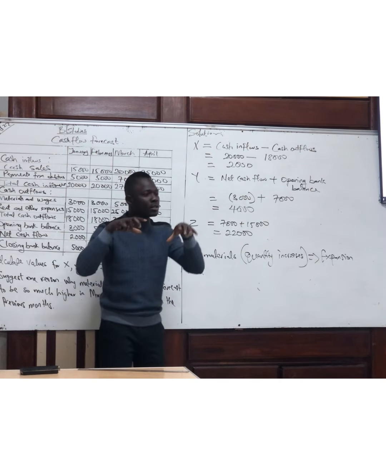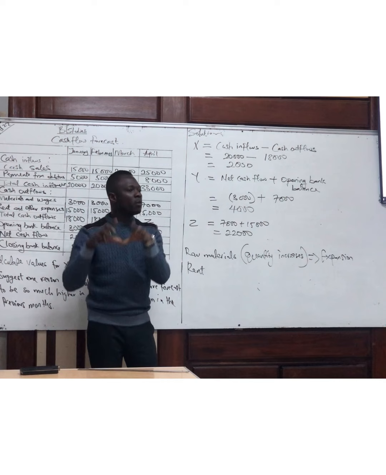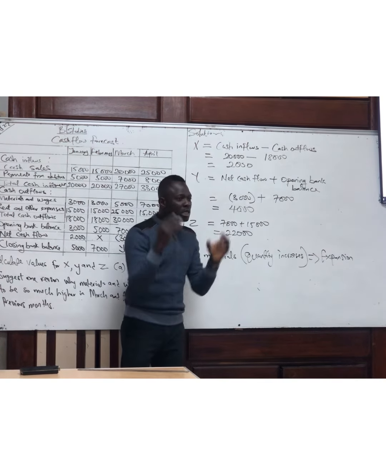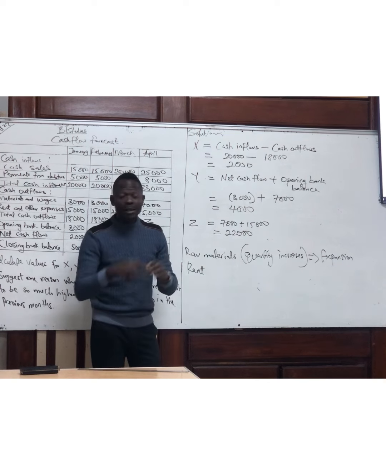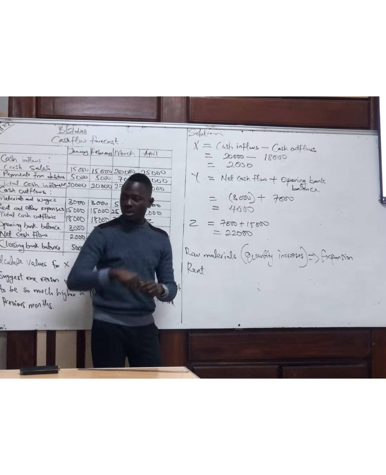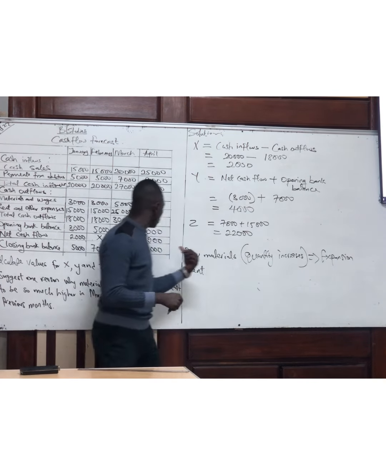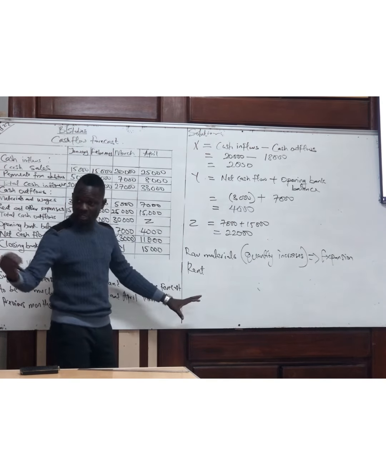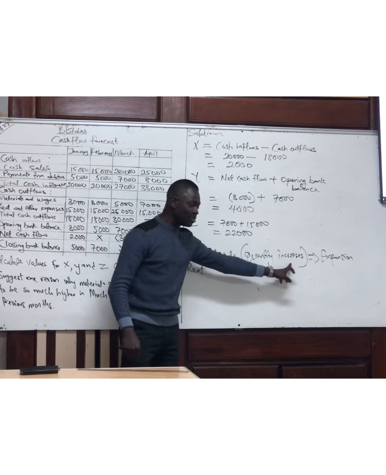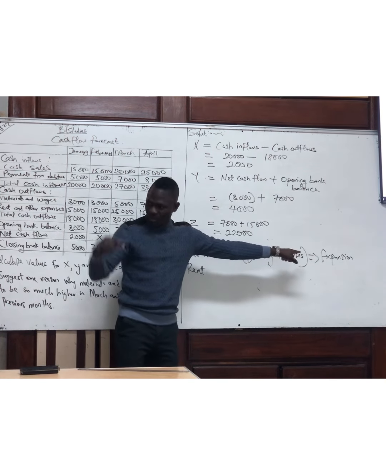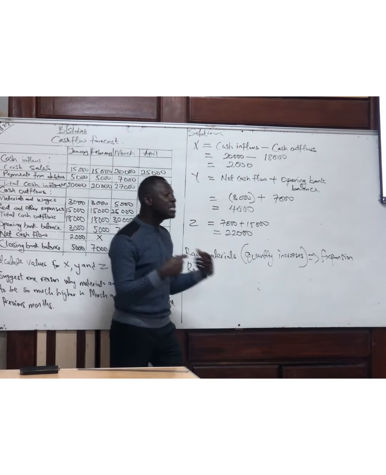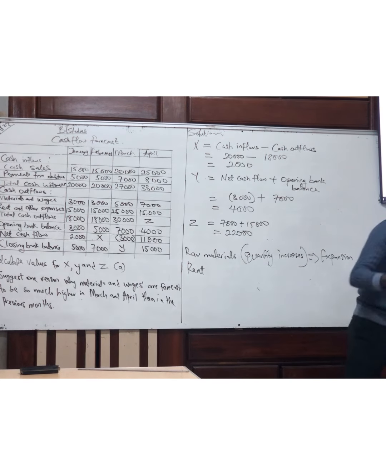So maybe there's a plan to produce so much in March, and they need more space to keep these stocks. So that means they have to pay for the rent for that month before they go back to the same rent. So if the suggestion is this, raw materials quantity has increased, which is expansion within that short period of time. So rent will also increase. Maybe they need to pay for a warehouse to keep stocks.